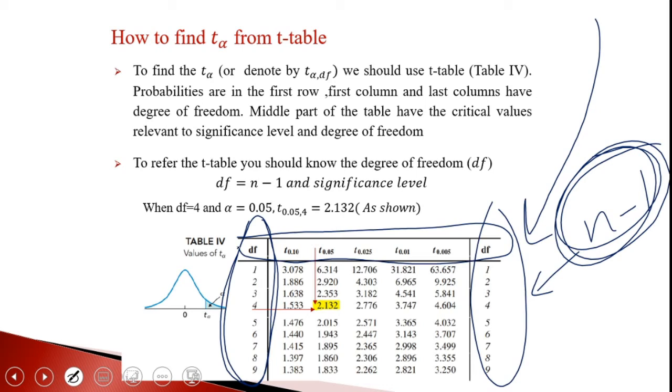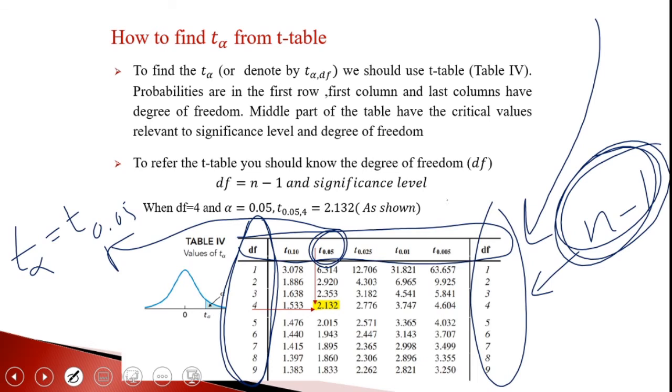See, t alpha, let's say alpha equals 0.05. See this one, t 0.05. You can see there are so many values for t 0.05 based on different degree of freedom values. In this case, what is the degree of freedom?